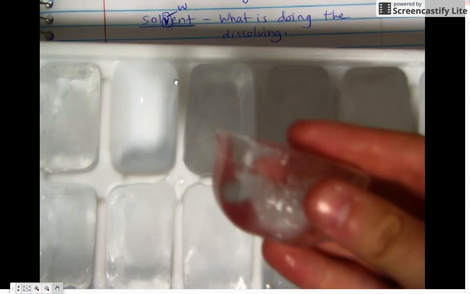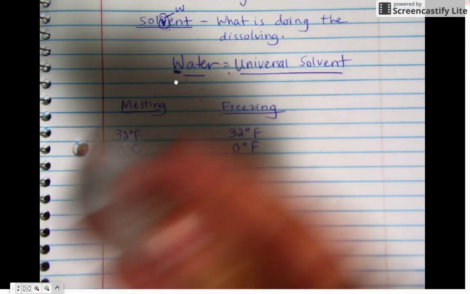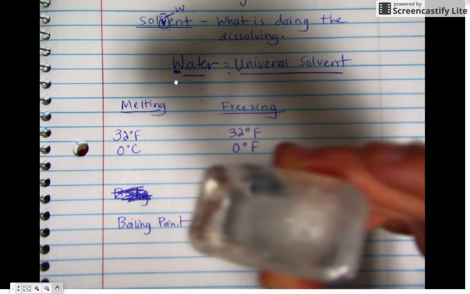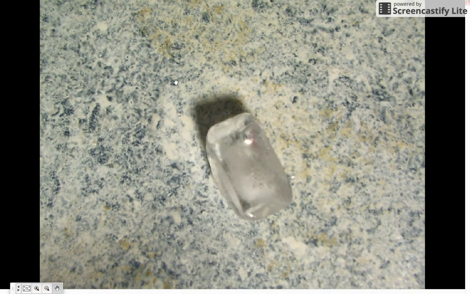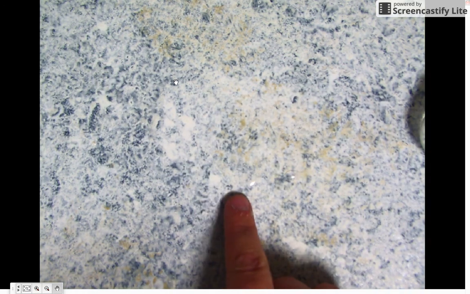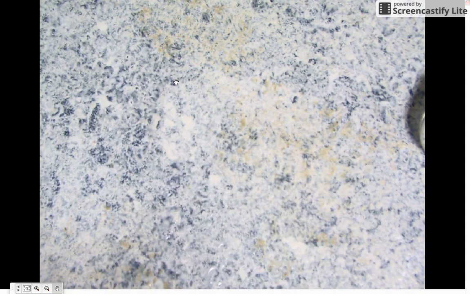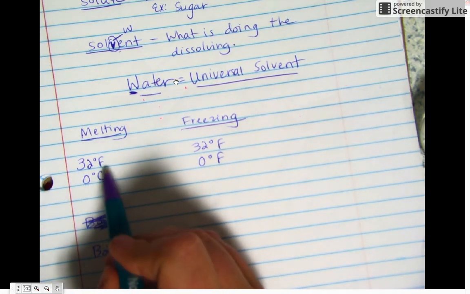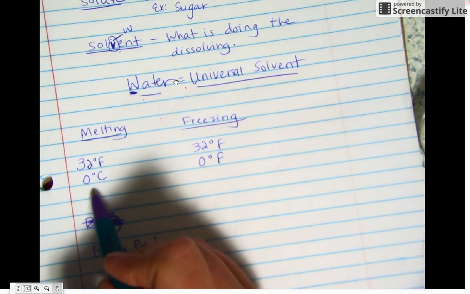This ice once was liquid water right out of the drain. But let's say I want to melt it. So I'm going from a solid, and if I sit it on the counter right here, it's going to start melting, okay? And you see that water right there? It's because my room, obviously, is greater than 32 degrees Fahrenheit and 0 degrees Celsius, right?